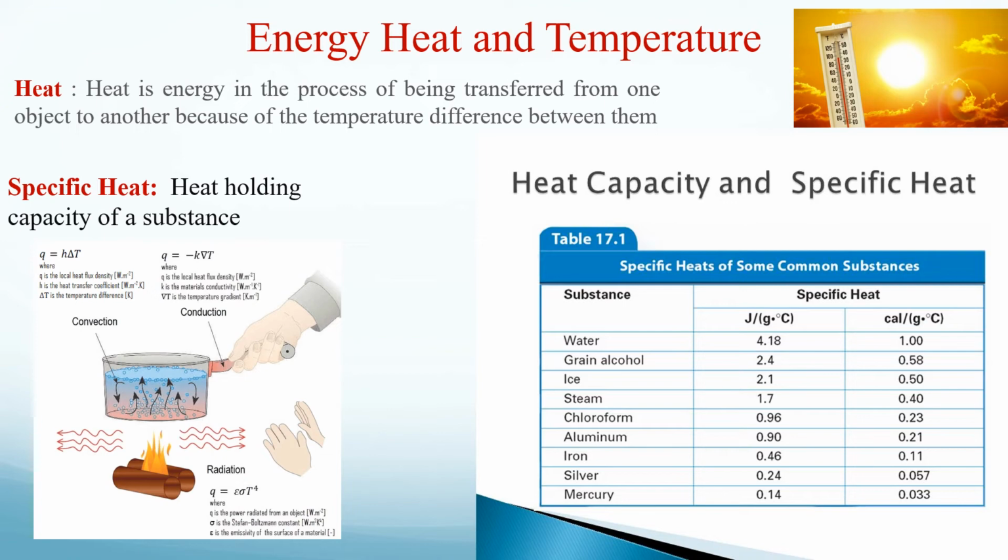So water has the higher specific heat. This high specific heat means that water needs more heat and time to warm up, and also needs more time to cool down than other materials. Because of this nature of water, water has a strong modifying effect on weather and climate.